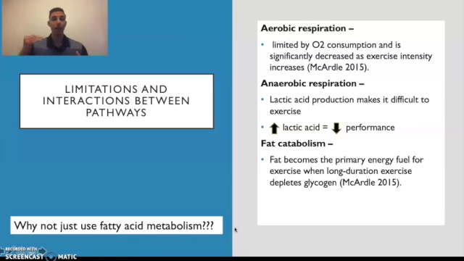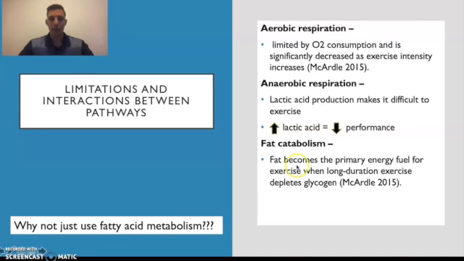As exercise intensity increases, the availability of oxygen decreases, and our ability to use the aerobic respiration pathway decreases as well. We're still going to be able to break down glucose, but it's only going to net about 2 ATP, because we're going to end up using anaerobic respiration, and it's also going to create lactic acid buildup, which makes it really difficult to exercise.